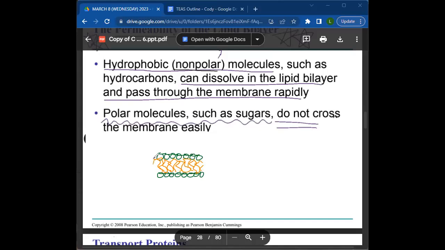So the inside of the cell membrane is nonpolar, or in other words, hydrophobic. We need to know that polar substances do not like things that are nonpolar. So a polar substance is not going to be able to move straight through the cell membrane.